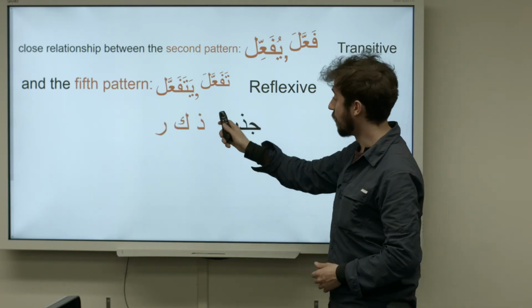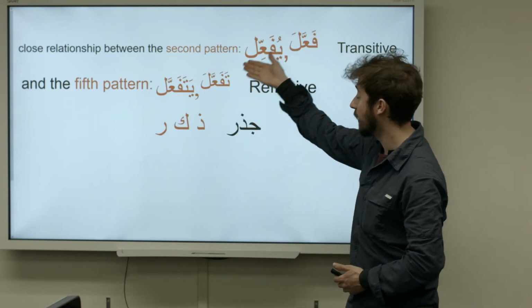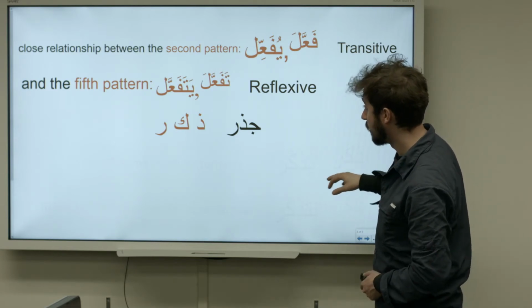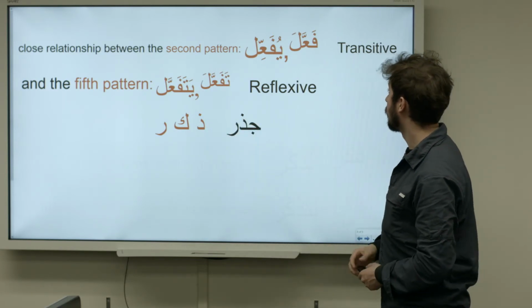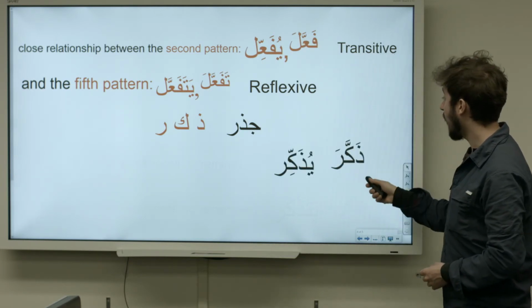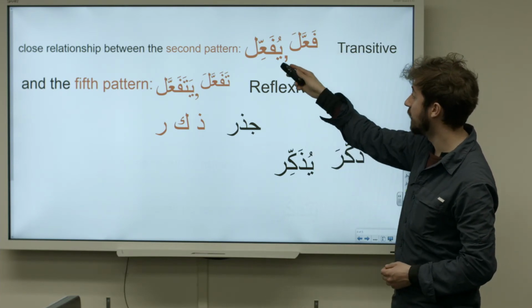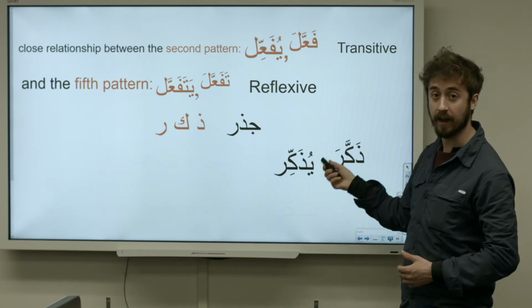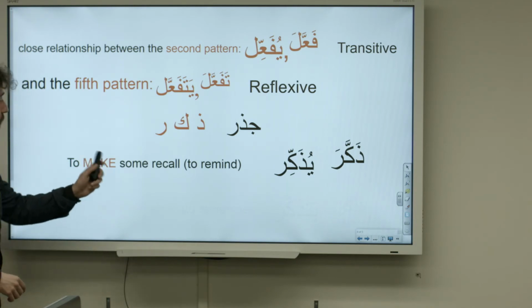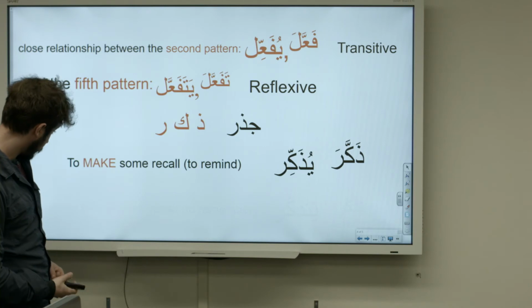ذكر, right? Remember, you can put roots into patterns. When we take the root ذكر and put it into pattern 2, what do we get? We get ذكر يذكر, فعل يفعل. This means to make someone recall, or in other words, to remind them.